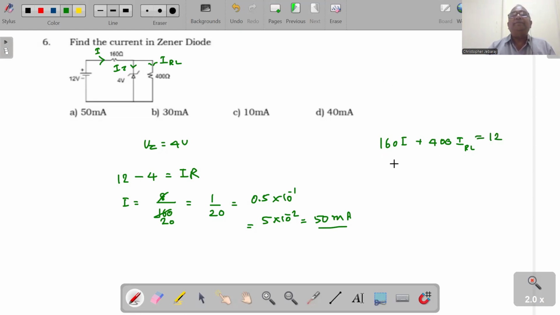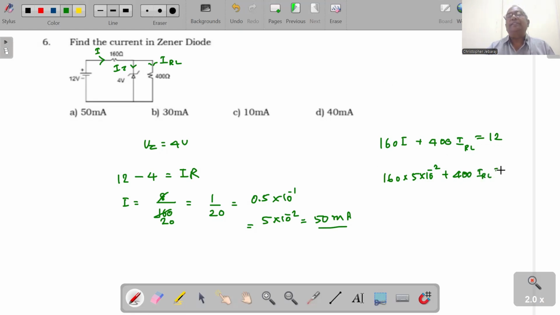And we know the current is 5 into 10 to the power of minus 2, so 160 into 5 into 10 to the power of minus 2 plus 400 into IRL.